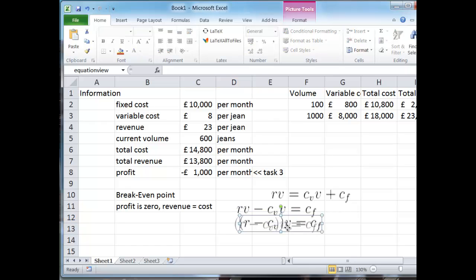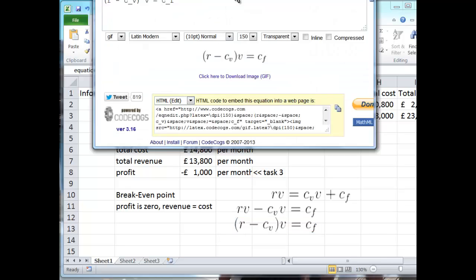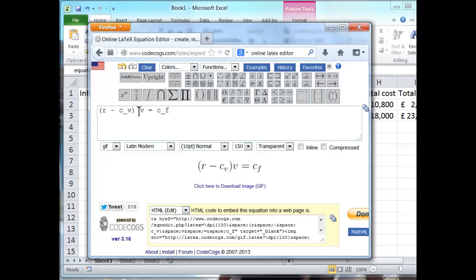And almost there. We just have to divide now this kind of profit per item without the fixed cost in order to get the volume. Okay, back to our formula editor. Say okay, we take that out and divide.